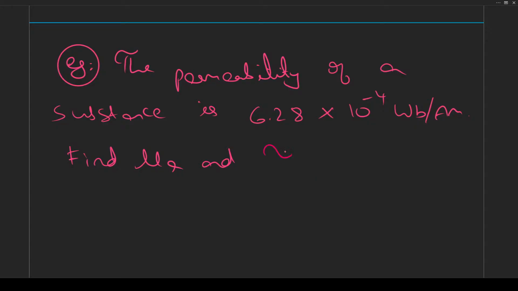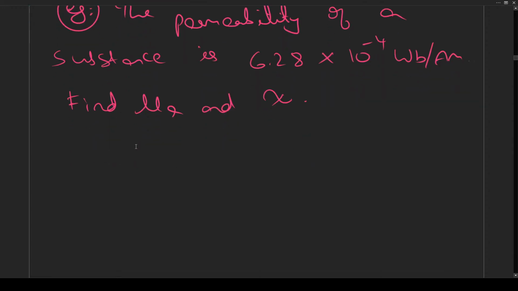We know that the permeability of a substance, the relative permeability, and chi are all dependent on each other. If we know one, we can find the other. We know the formula mu equals mu naught times mu r.